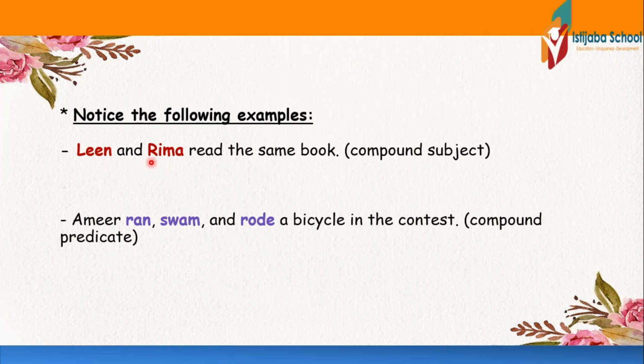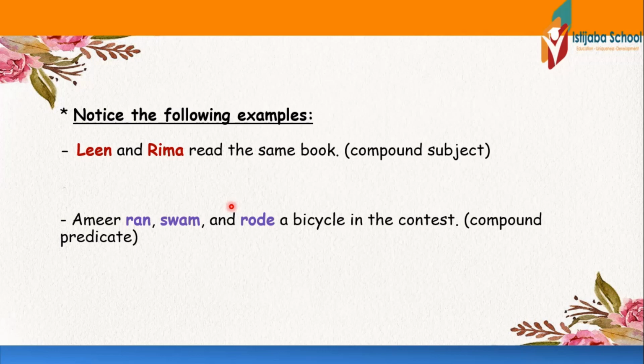Both subjects did the same action, which is the reading. Read the same book. So in this case, when I have more than one subject and all of the subjects share the same predicate, I say I have compound subject.